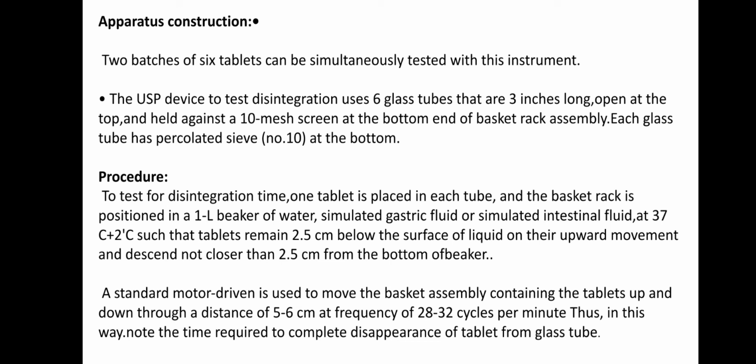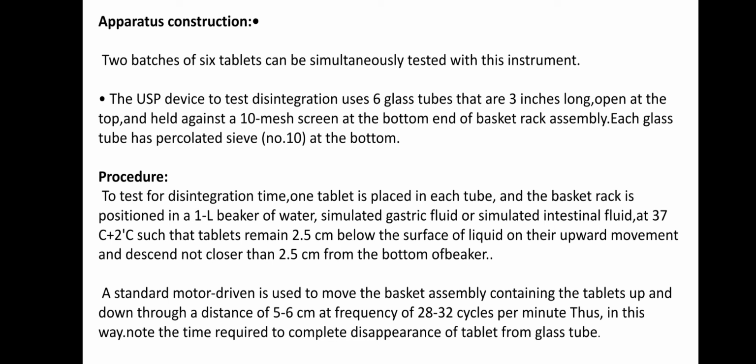Procedure. To test for disintegration time, one tablet is placed in each tube and the basket rack is positioned in a 1 liter beaker of water, simulated gastric fluid or simulated intestinal fluid at 37 C plus or minus 2 C, such that tablets remain 2.5 cm below the surface of the liquid on their upward movement and descend not closer than 2.5 cm from the bottom of the beaker.